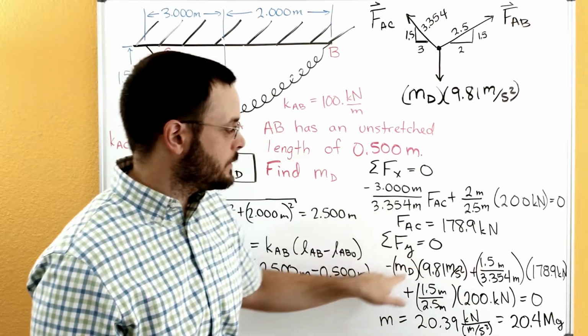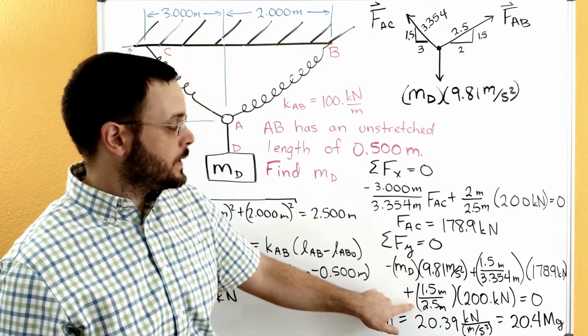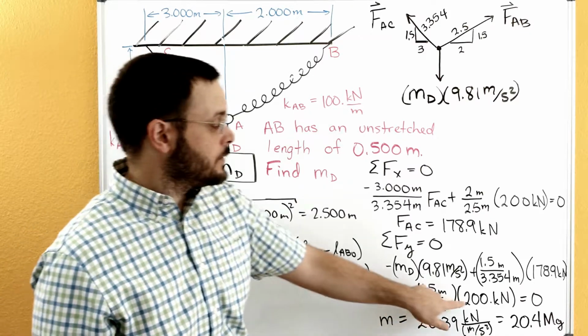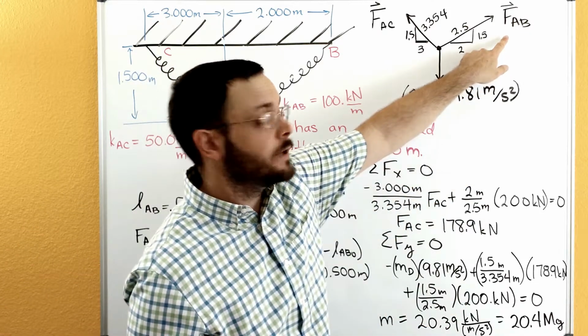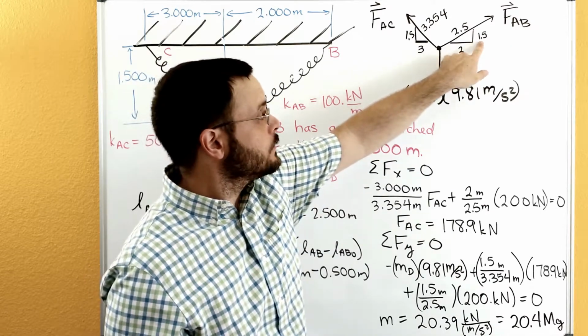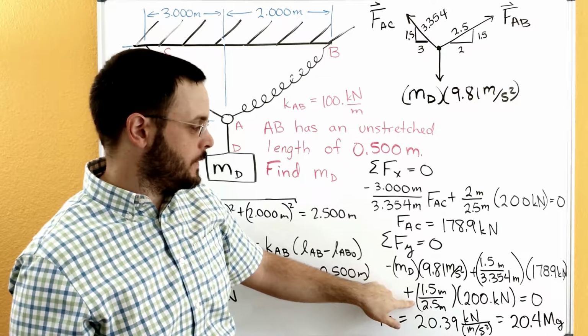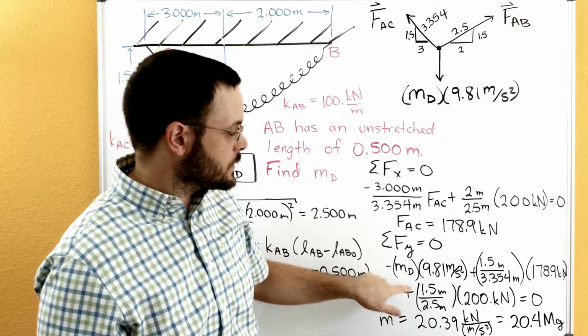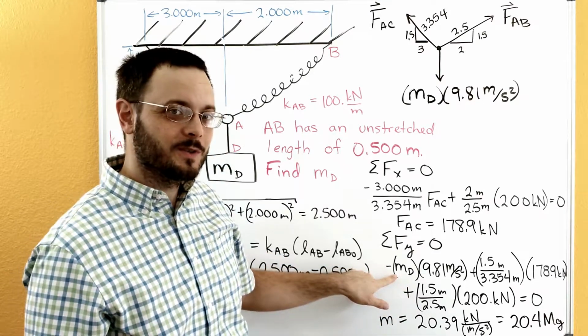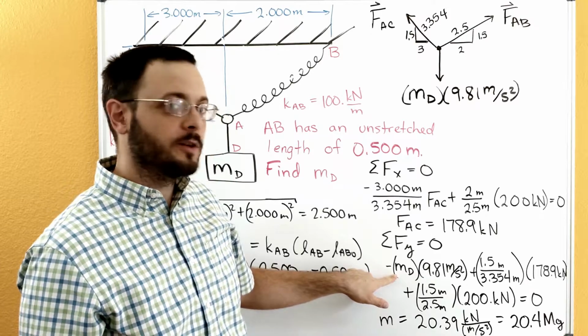Then this is all just one long line here. We need to also add in the 200 kilonewtons for FAB times the y side, 1.5, divided by the hypotenuse, the 2.5. That gives us just one unknown in this equation, which is our MD.